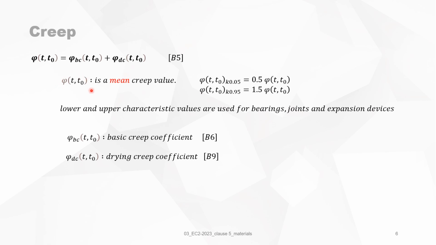The creep coefficient phi is in fact the mean creep coefficient. So it means that you have a lower limit of 0.5 times this coefficient, and an upper limit of 1.5 times this creep coefficient. These lower and upper limits are used for bearings, joints, and expansion devices.